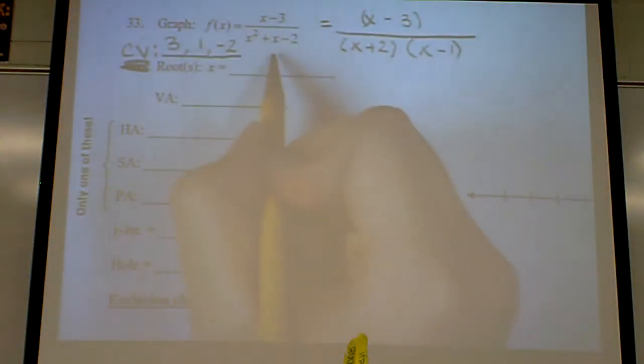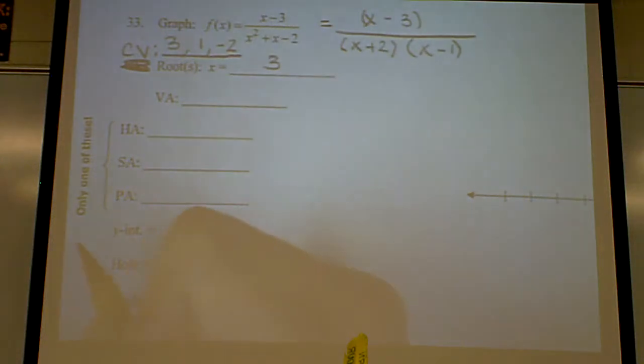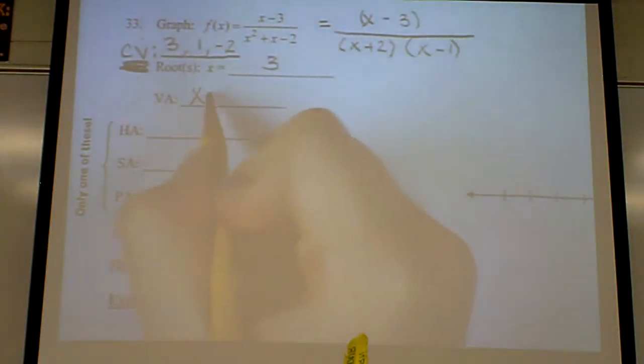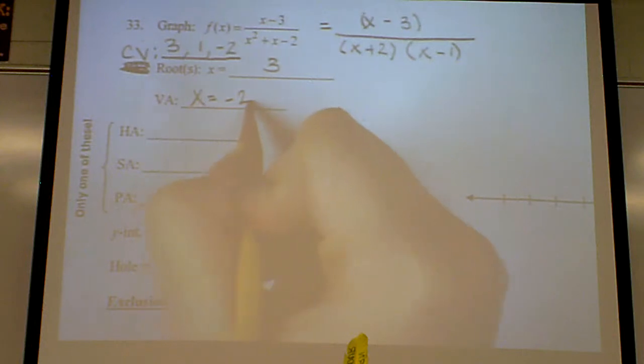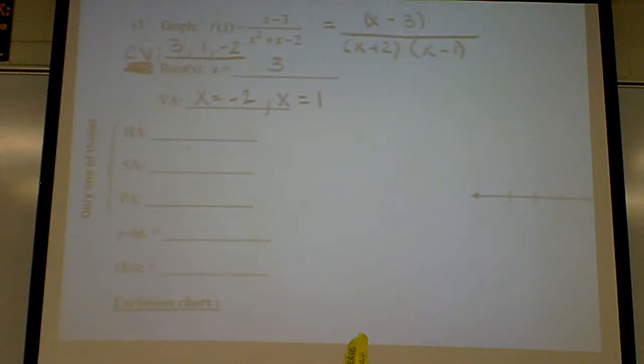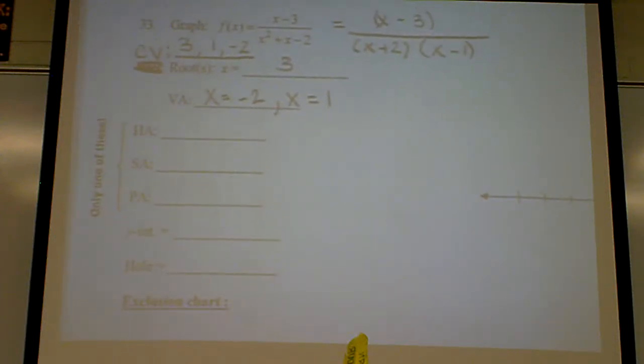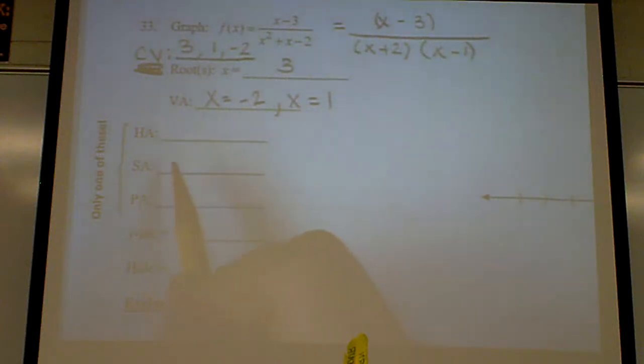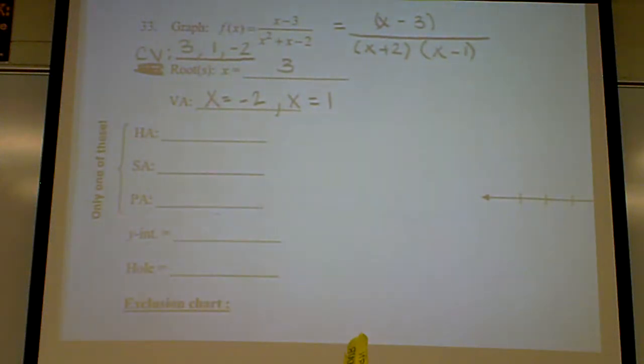The root would be 3. And I have 2 vertical asymptotes at x equals -2 and x equals 1. What other type of asymptote do I have? Horizontal. So what would my horizontal asymptote be this time? Y equals 0, because the denominator has a higher exponent than the numerator.